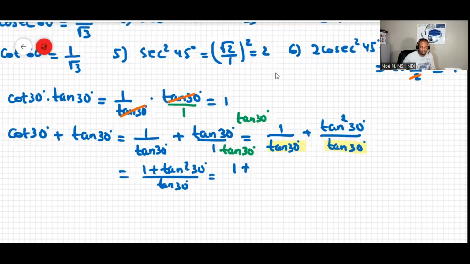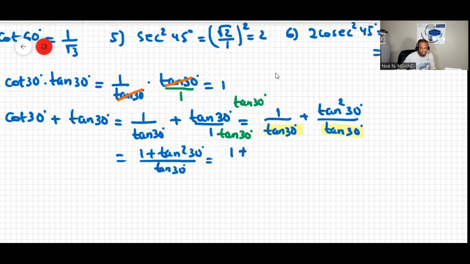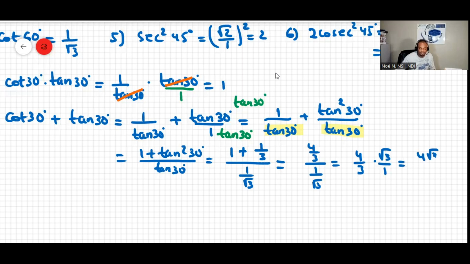So to the power of 2, it's going to be 1 over 3, all over 1 over root 3. So 1 plus 1 over 3 makes 4 over 3 over 1 over root 3. And then we can simplify this. That makes 4 over 3 multiplied by root 3 over 1, which means 4 root 3 over 3.